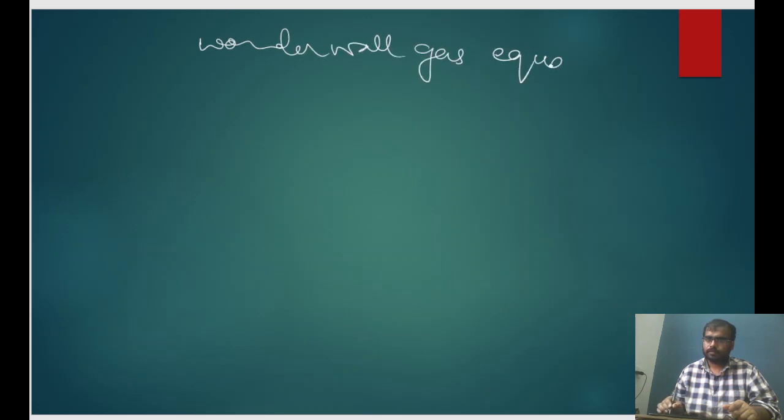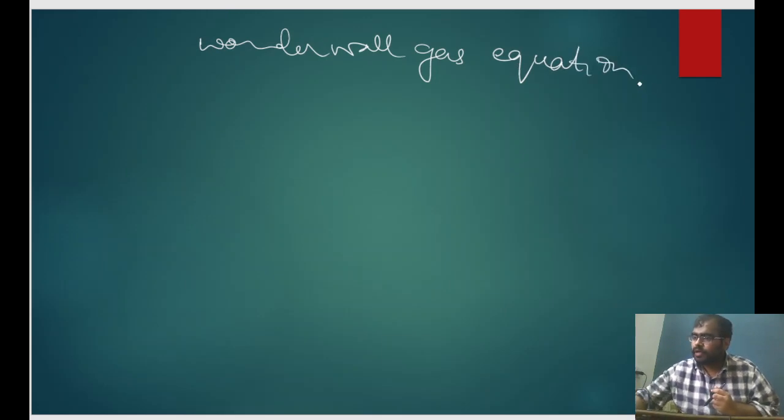Next, what do we discuss? Van der Waals equation. So the next concept is van der Waals gas equation. I noted down one side. I will discuss this van der Waals gas equation neatly.